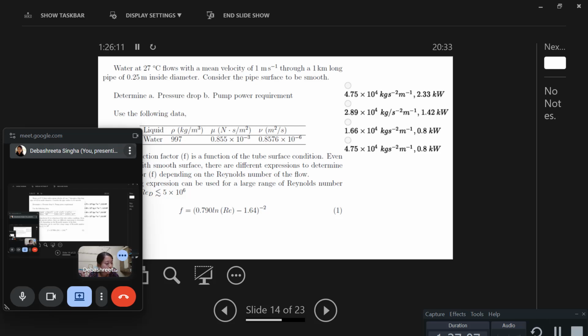we see the water at 27 degrees Celsius flows with a mean velocity of 1 meter per second through a 1 kilometer long pipe of 0.25 meter inside diameter.